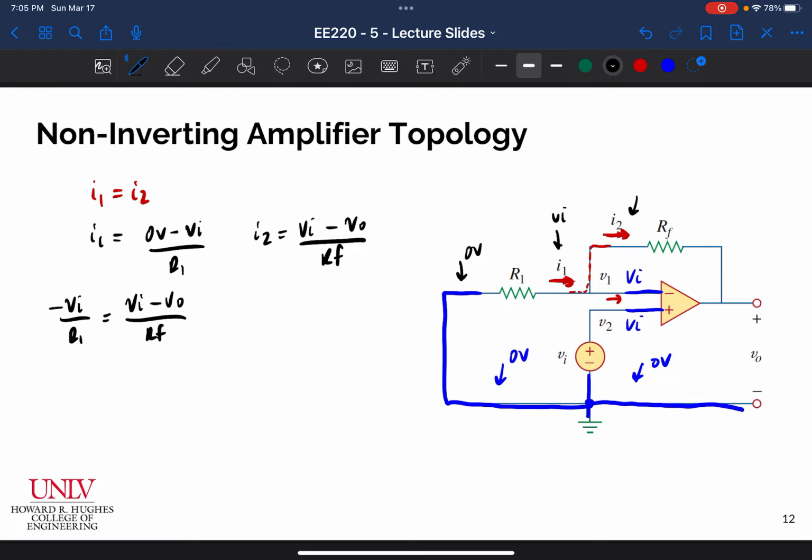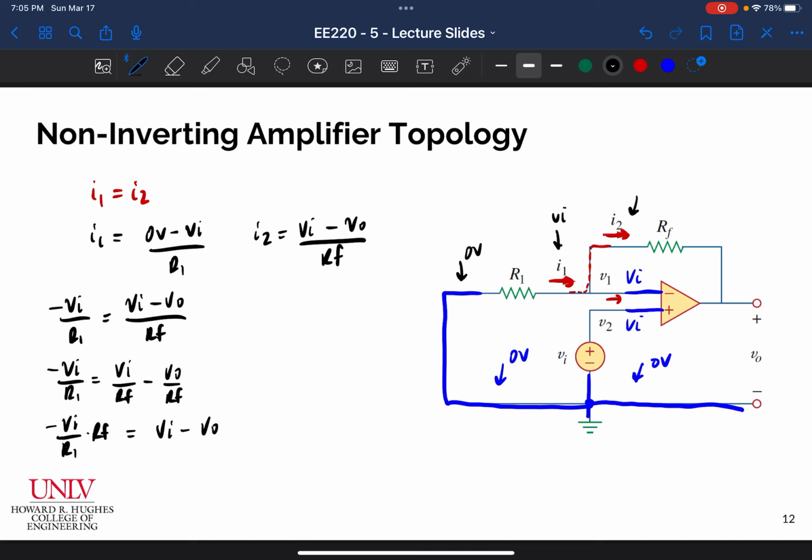And we, again, want to solve for V out. So let's go ahead and write this out. I hope I don't run out of room here. V in over RF minus V out over RF. I definitely want to multiply through by RF. And so I'm going to get minus V in over R1 times RF is equal to V in minus V out.